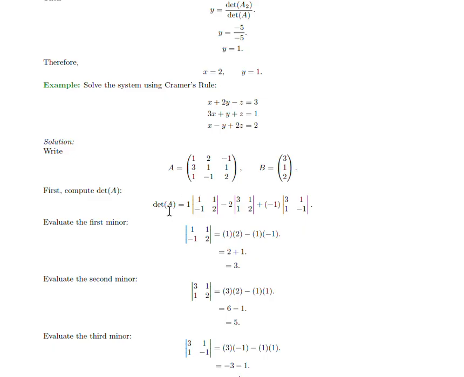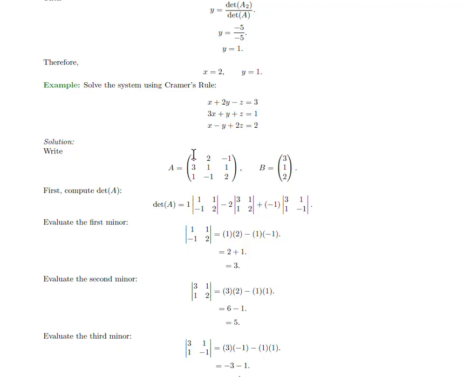Now, first we need the determinant of A. That will be at our denominator when we are working out Cramer's rule. Determinant of A for a 3 by 3 matrix, we will take the element on the first row, first column, right?